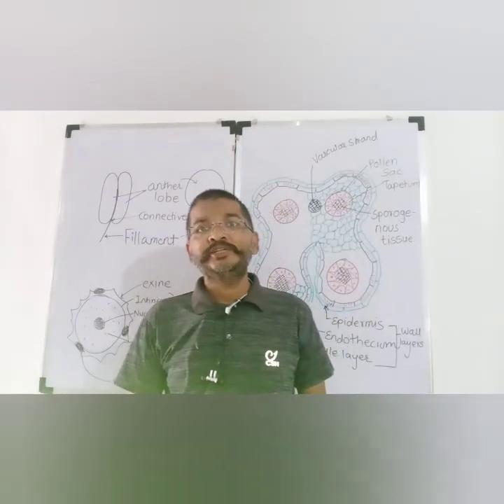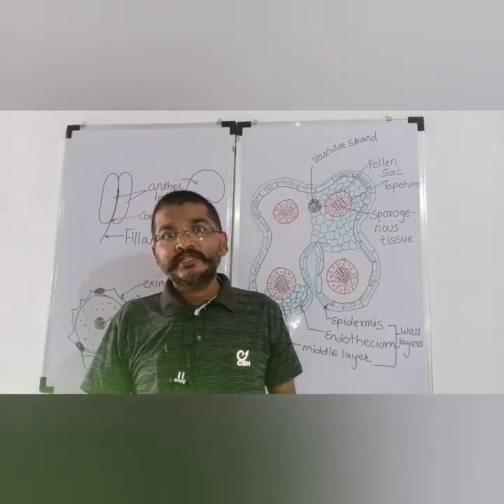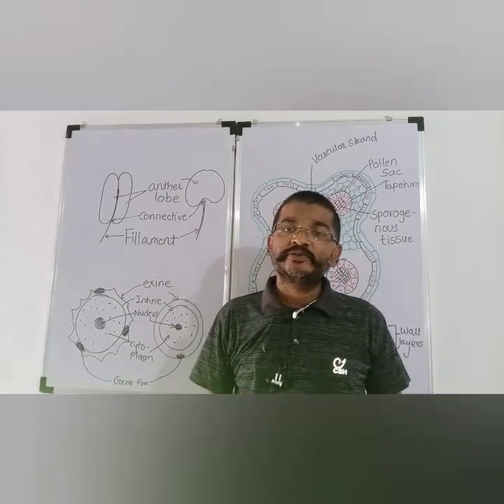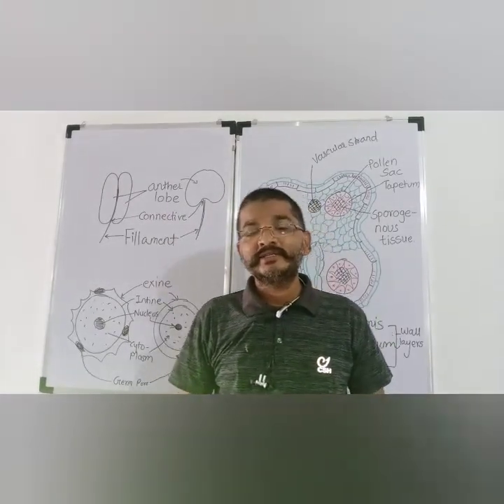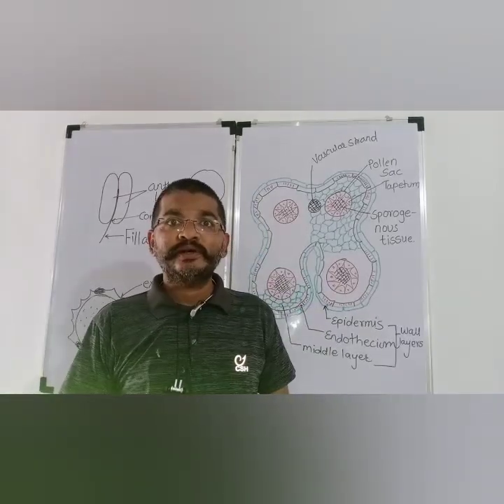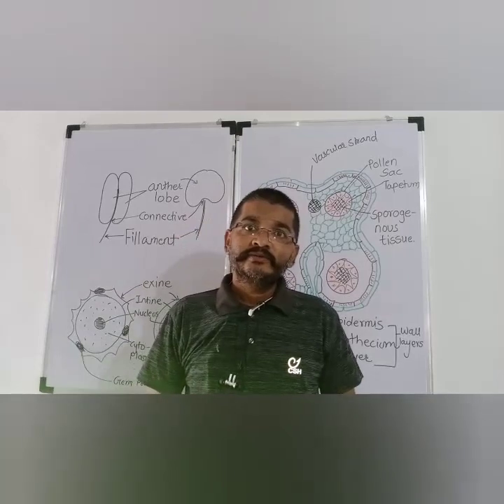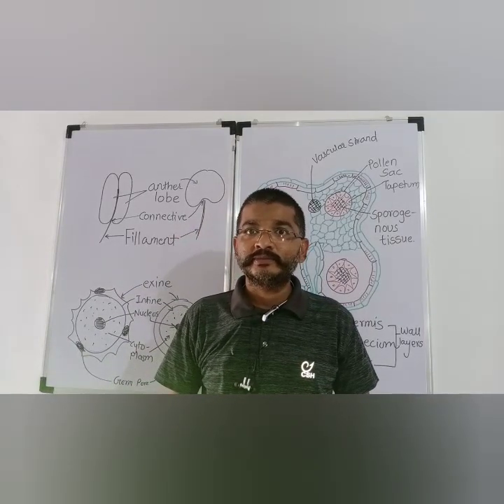So basically in angiosperms, for sexual reproduction flowers are present. Now what is a flower? A flower is a highly modified condensed vegetative shoot made for sexual reproduction. Already in the 11th standard we learned the different parts of a flower. There are a total of 4 floral whorls in a flower: calyx, corolla, androecium and gynoecium.